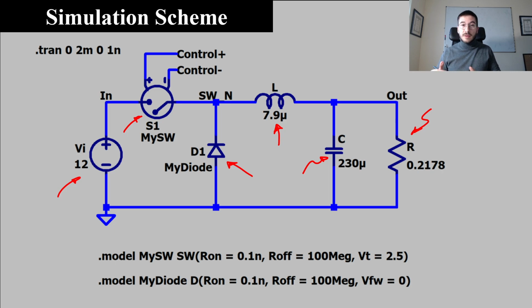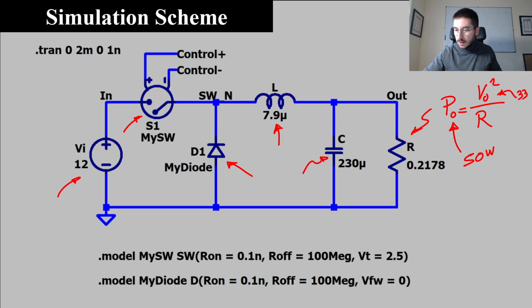The resistance value can be obtained taking into account the output power and the output voltage. So basically we can use this expression, and here we know that this is 50 watts and VO is 3.3 volts. You manipulate the expression, you obtain the resistance of the resistor, and you get this value.